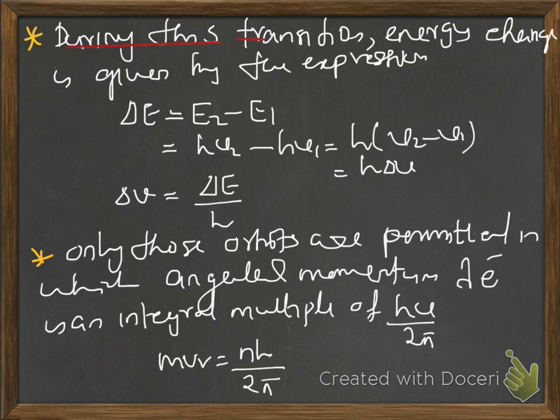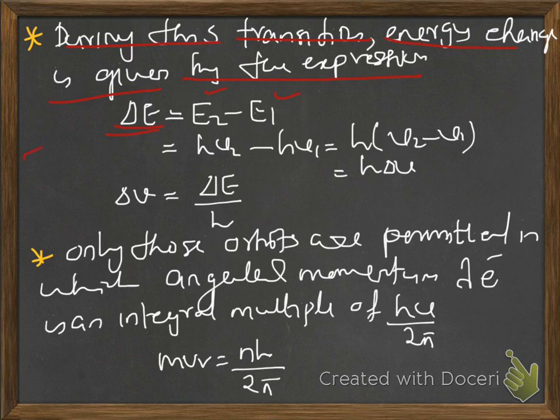During this transition of electrons from higher to lower or lower to higher orbit, energy change is possible. That energy change can be expressed as delta E. Delta E stands for change in energy equal to E2 minus E1. What is E2? Energy of higher level minus E1, energy of lower level.